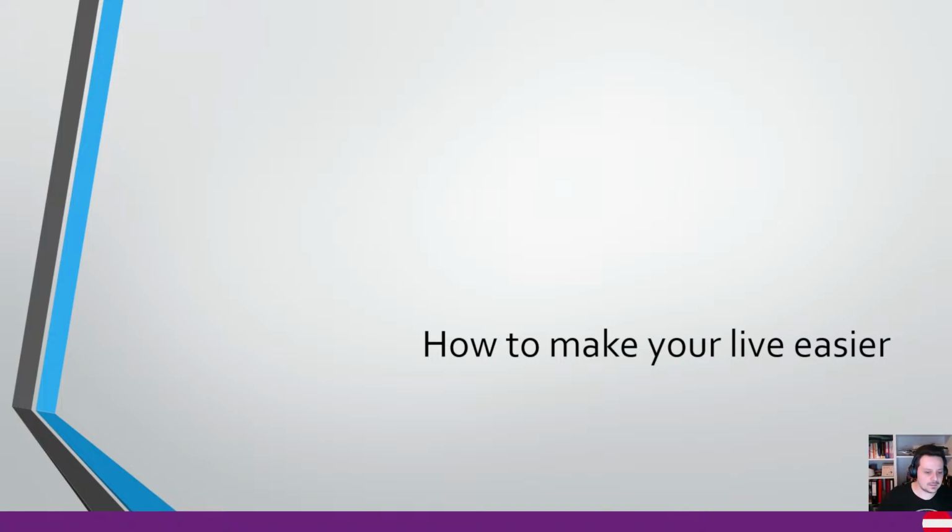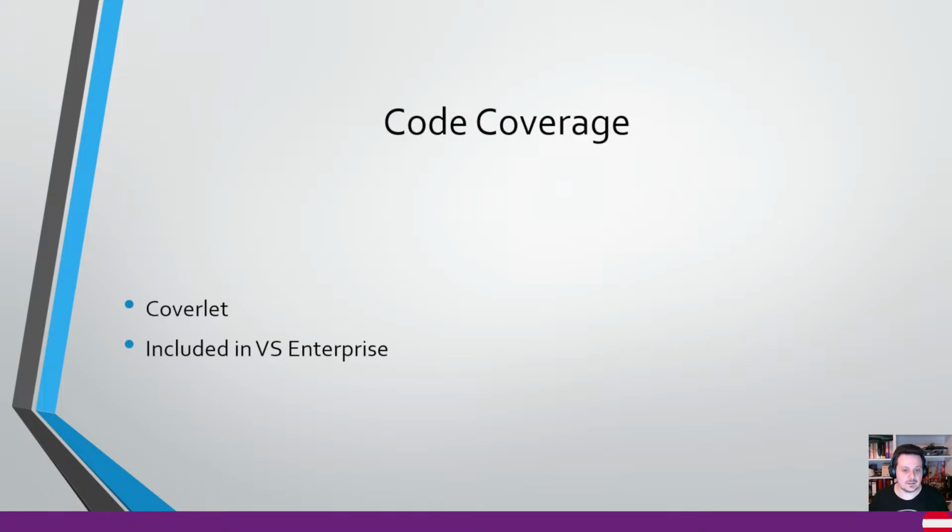Last thing is some points how to make your life easier with test automation. So the first thing is code coverage is also always a question here, that you see what parts you are covering with your tests. There are two ways I know what I used.